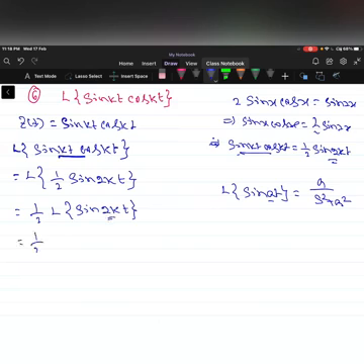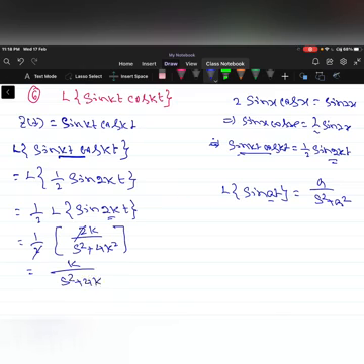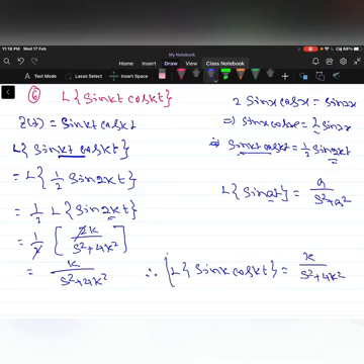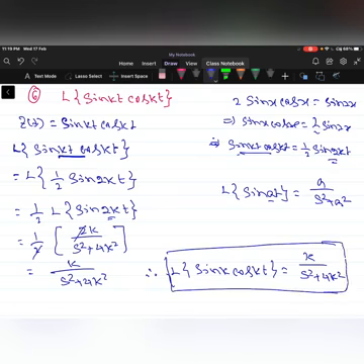So therefore 1 by 2 into 2k by s square plus, where a is 2k, that is 4k square. So 2 get cancelled. So k by s square plus 4k square. Therefore Laplace of sin kt into cos kt is k by s square plus 4k square. So this is the Laplace transformation of sin kt into cos kt.